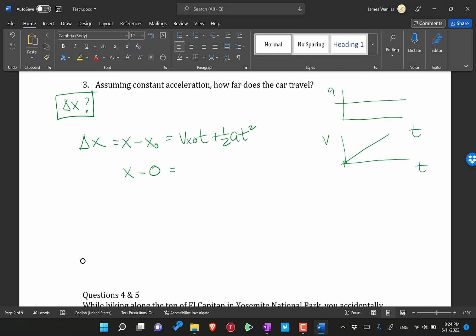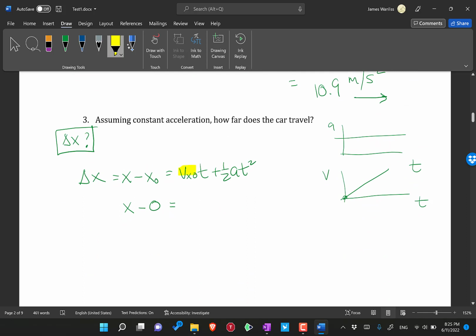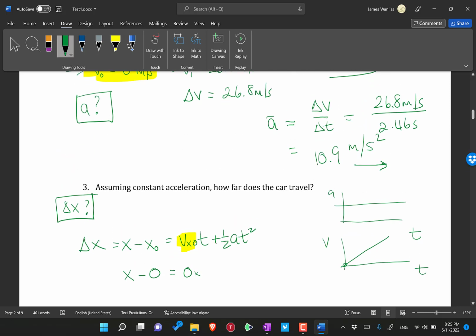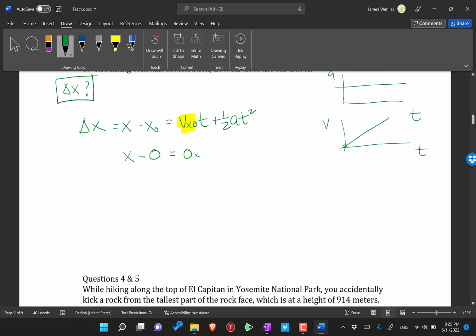We already worked that out just a moment ago. We start from rest, right? Therefore we know that this is going to be 0. So let's go and put that in. So that's 0 times the time for the entire interval, and that was 2.46 seconds. Well, 0 times anything is 0, but I'll put it in.